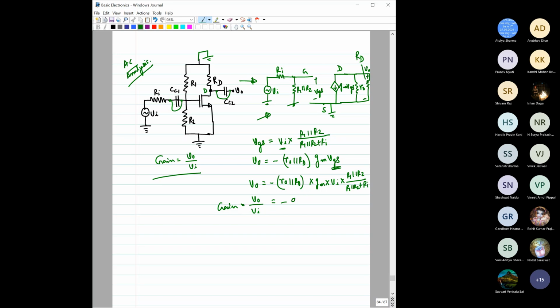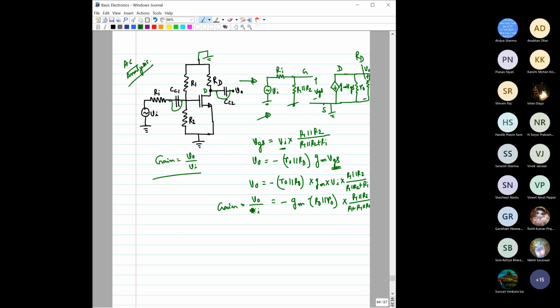So it is gm into RD parallel R naught into R1 parallel R2 by Ri plus R1 parallel R2. I hope I have not missed any term here.